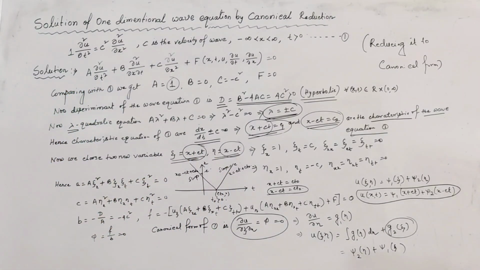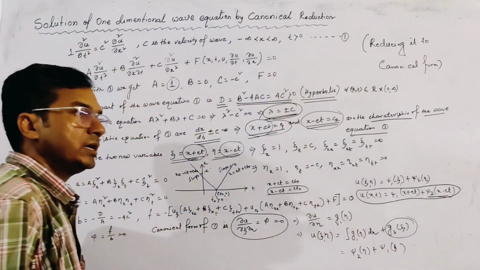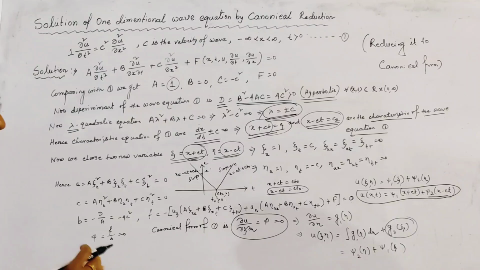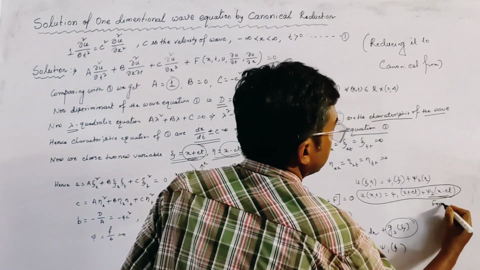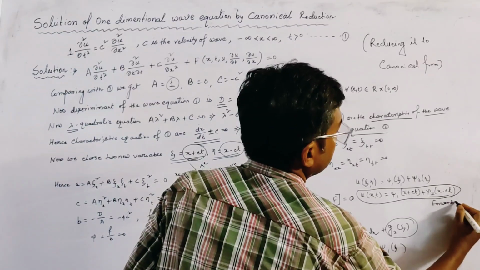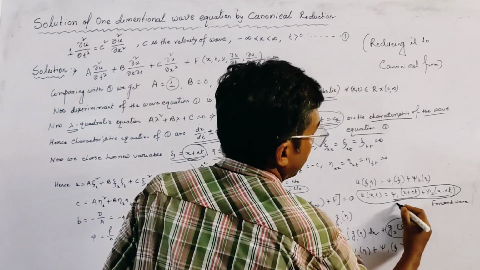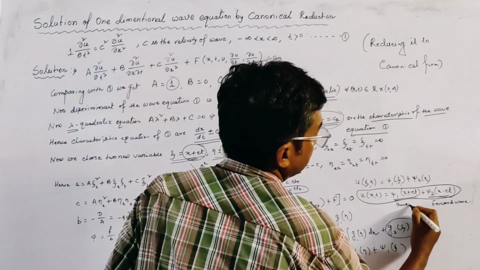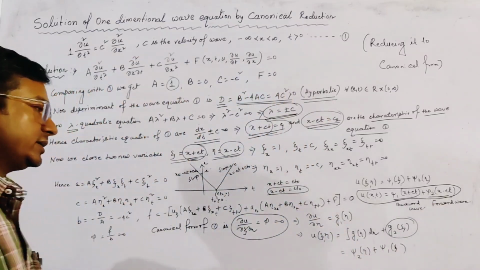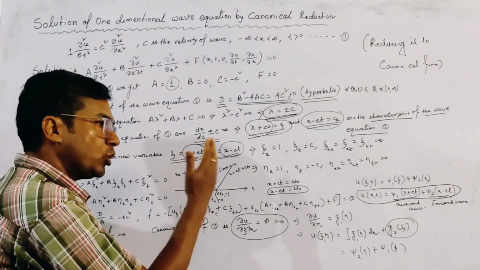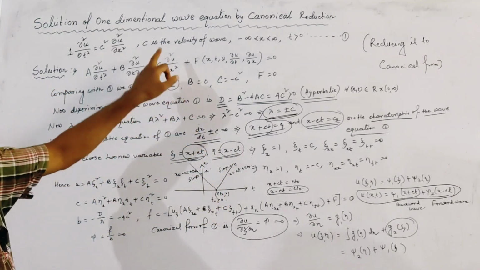For this reason we sometimes call this the wave in forward direction. Okay, this is the forward wave. And this wave is said to be the backward wave. Okay, and these two waves move forward and backward with the same velocity, because c is the velocity of the wave.